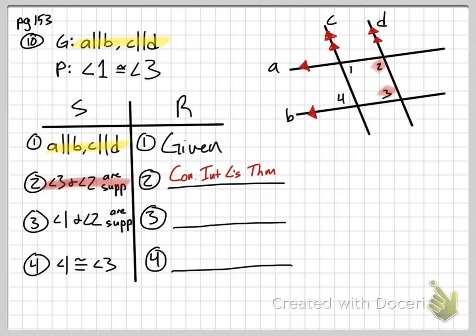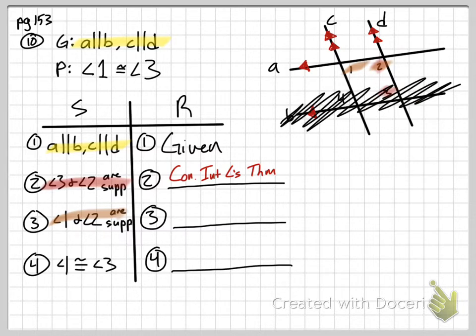Next, we'll move on to step 3, which states 1 and 2 are supplementary. Now 1 and 2, those have a very similar relationship. We can mark out line B because we don't need line B at the moment.